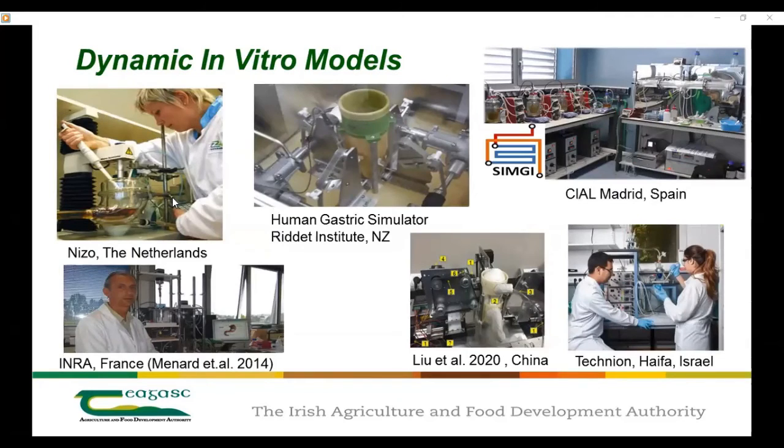And there are a number of dynamic digestion models scattered around the world in France, the Netherlands, New Zealand, Spain, and Israel. And recently we have an addition from China. Here they 3D printed a stomach, a kind of a rubber stomach that is similar to the model in New Zealand.